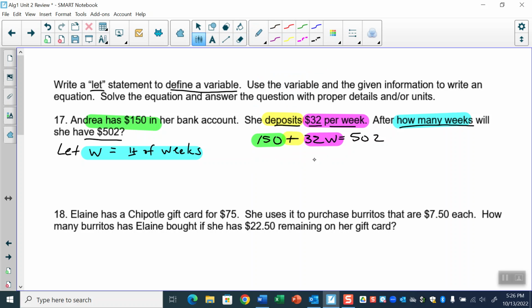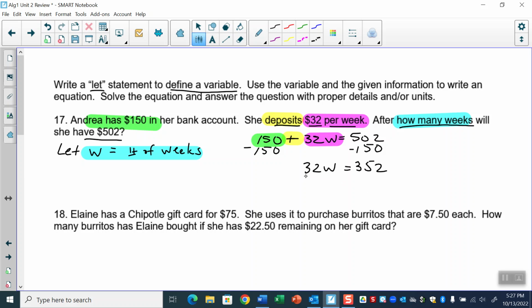Now I'm going to go ahead and just solve this. I've got the 150 sticking out, right? You want to get to the W, so you start adding and subtracting first. Kind of pick off the thing that's farthest out, the 150. So that's 0, and so I have 32W equals, and then I'll subtract this, and I get 352.